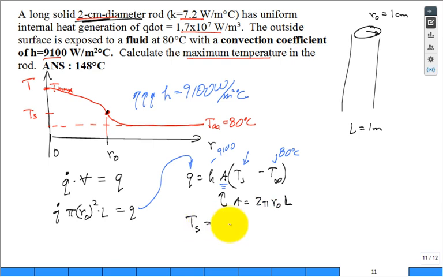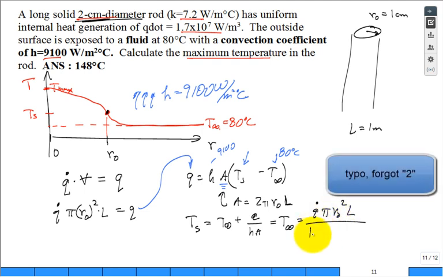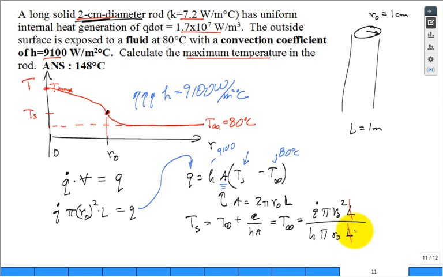TS is equal to T infinity plus Q divided by HA. Notice if you wanted to, TS is equal to T infinity plus Q, which is Q dot pi R naught squared L, divided by the H and then the A, 2 pi R naught L. Notice that the L's, if you work in symbols, will cancel out.